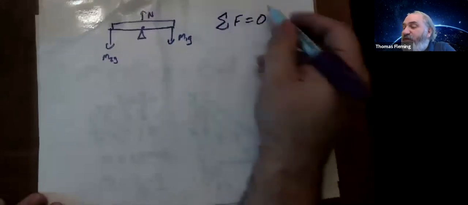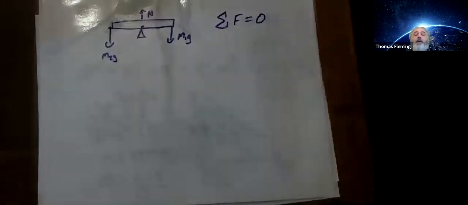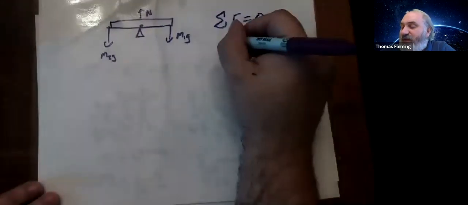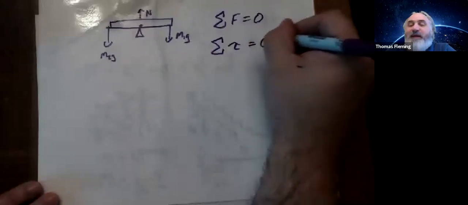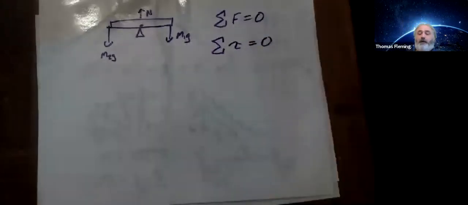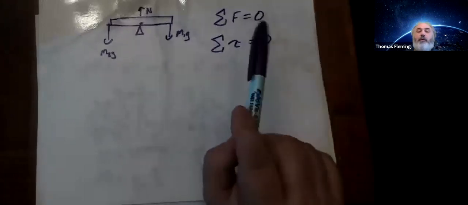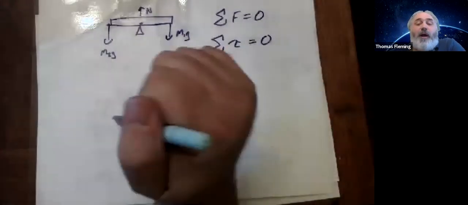That's just the old static equilibrium definition we had back in Chapter 4. But in addition to that, it can't be rotating either. And that means that if I add up all the torques, I got to make that be 0 as well. So every problem in Chapter 9 is basically just make both of these conditions true and be able to set up the equations you need to solve the problem.